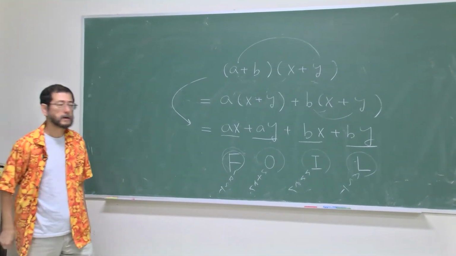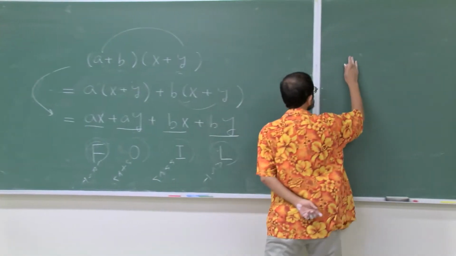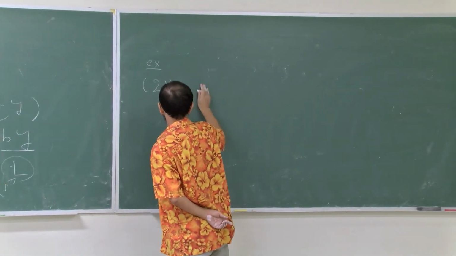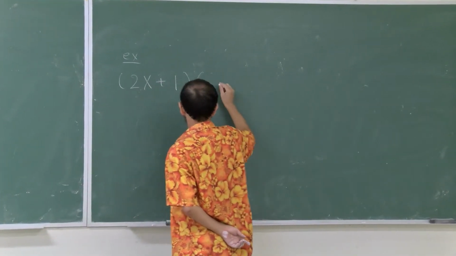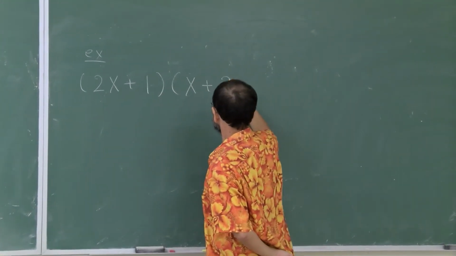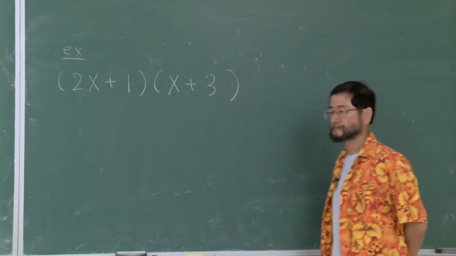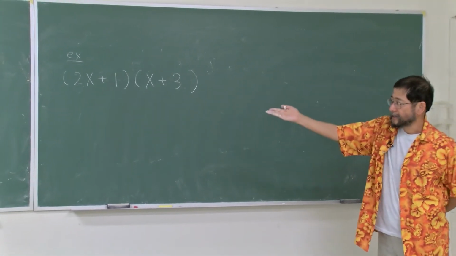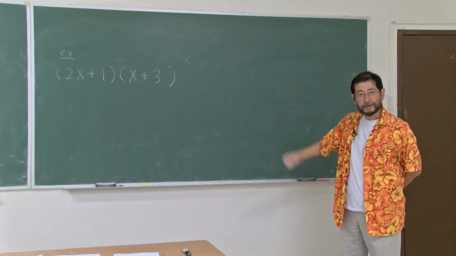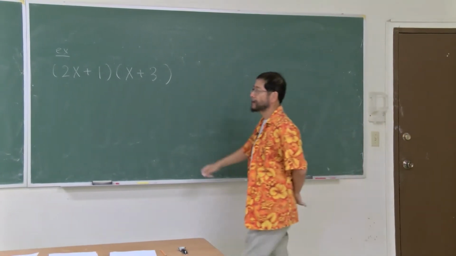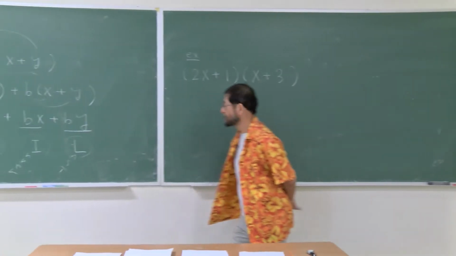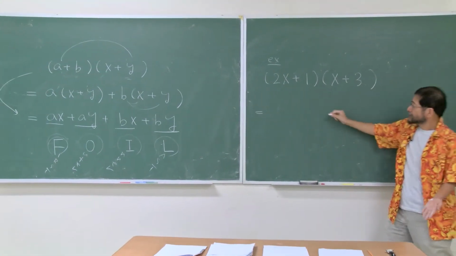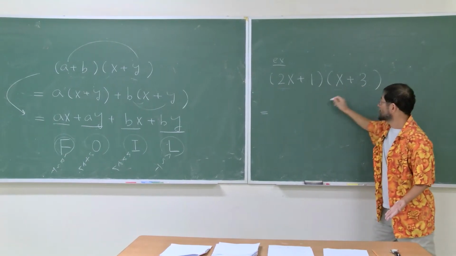So let's look at the example. As I said, you can use the distributive law twice to multiply out, but you can just use this shortcut. So if you use the shortcut, you just pick the first pieces.